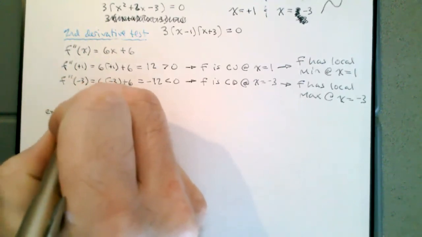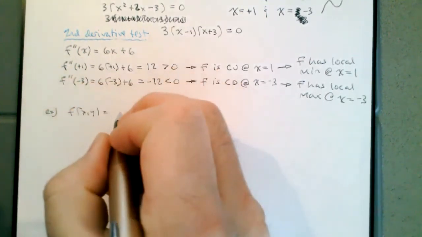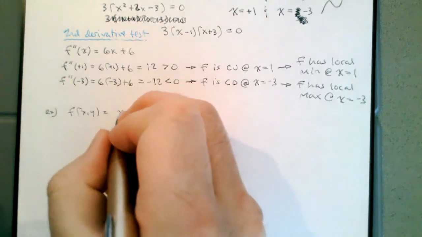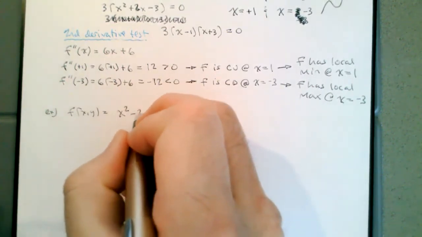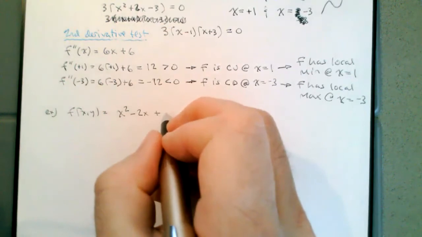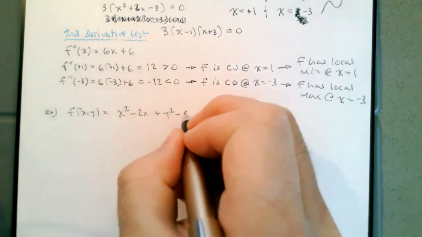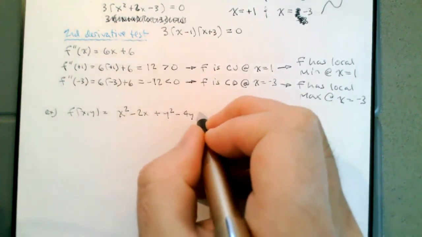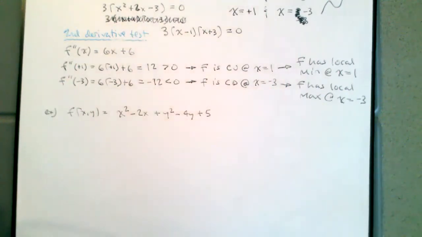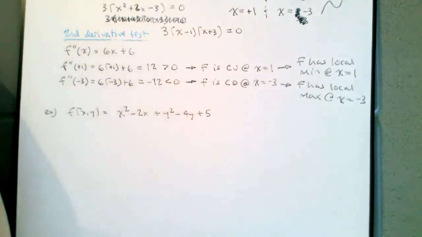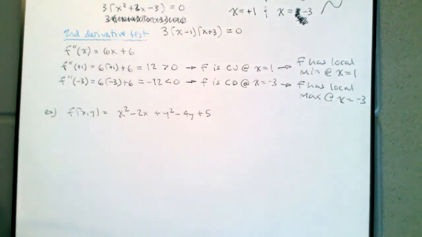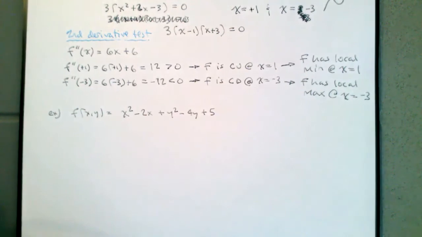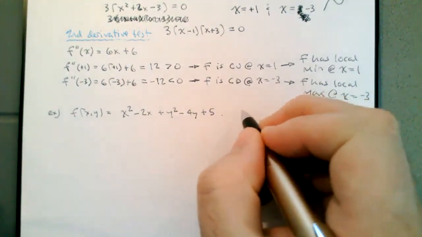Suppose that f of x,y is x squared minus 2x plus y squared minus 4y plus 5. Let's suppose that we want to find the critical points and classify each as a local max, a local min, or neither. So it's the same question.